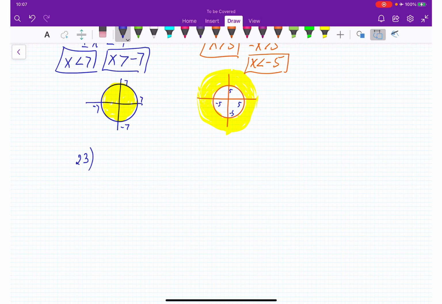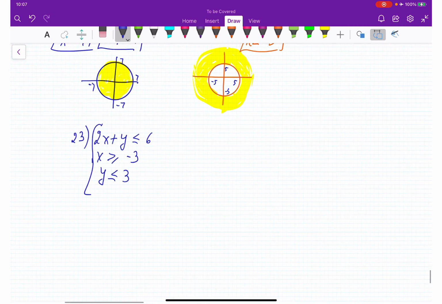We have 2x plus y is less than or equal to 6. x is greater than or equal to negative 3. And y is less than or equal to 3. Okay, so for the second and third, there is nothing to solve. All we have to do is just draw and shade.